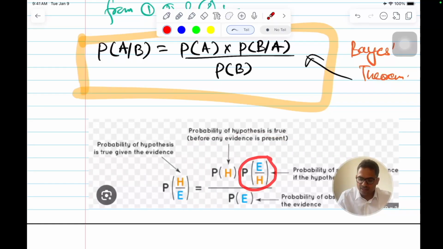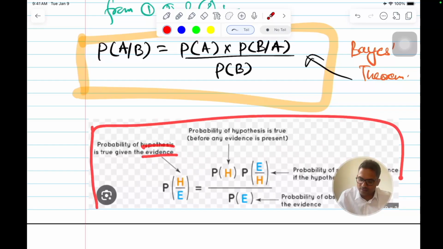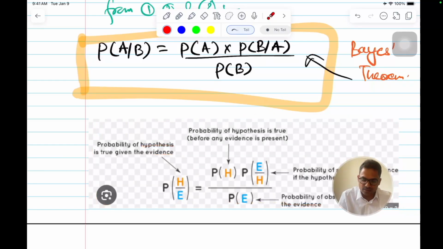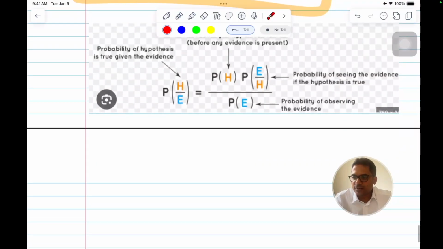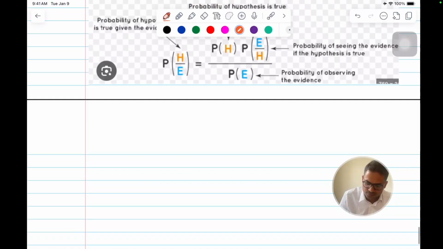Then we have probability of evidence given the hypothesis is true, P of E given H. And then in the denominator we have probability of observing the evidence. These are the terminologies that I wanted you to know, hypothesis and evidence. This may seem complicated, but it is nothing but the same thing, guys. So this is Bayes theorem, and let me give you some more terms around it.